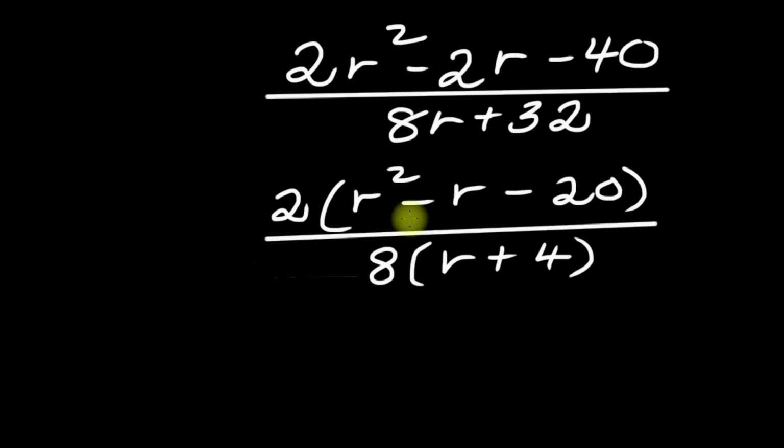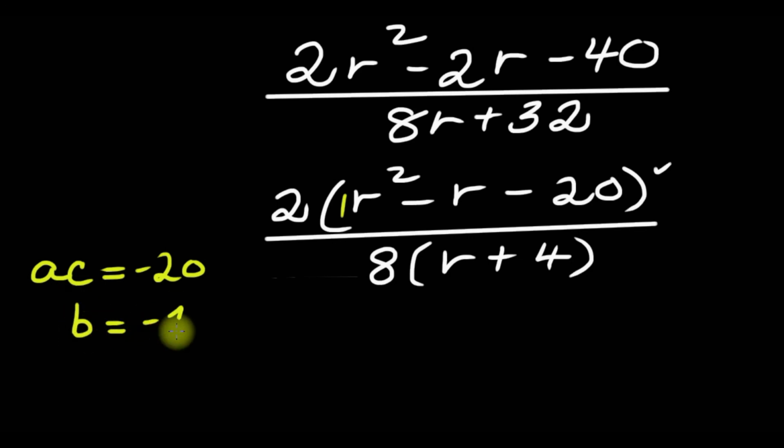We are not done yet because we have to try to factor this trinomial right here into two binomials. We're going to use the AC method to do that. So A times C is going to be 1 times negative 20. Well, that's going to be negative 20. Your B is negative 1. So now we have to come up with factors of negative 20 that when we add those numbers up, it comes out to negative 1.